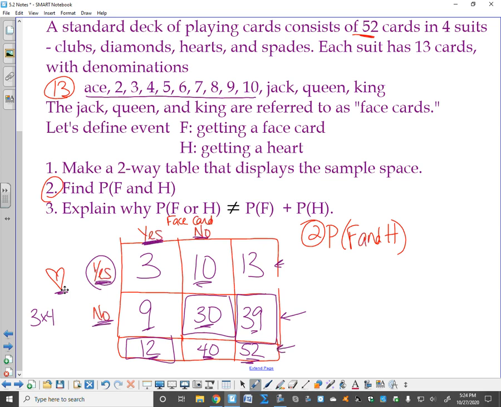You don't know a formula for and yet. You know the or formula. So face card and a heart. There I sit. Face card and a heart: 3 out of 52.